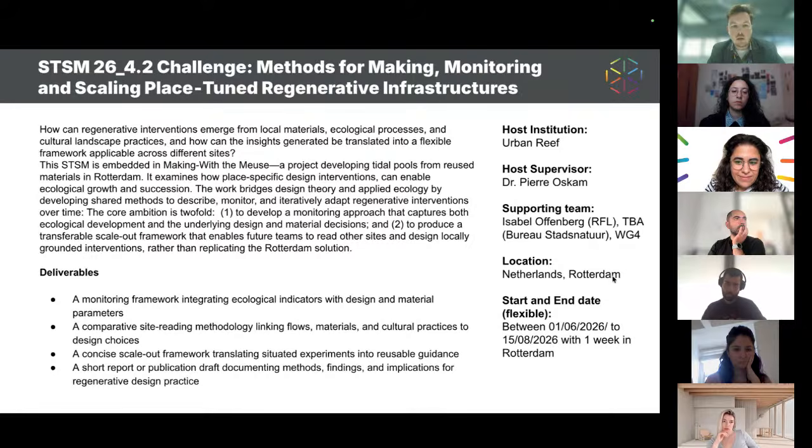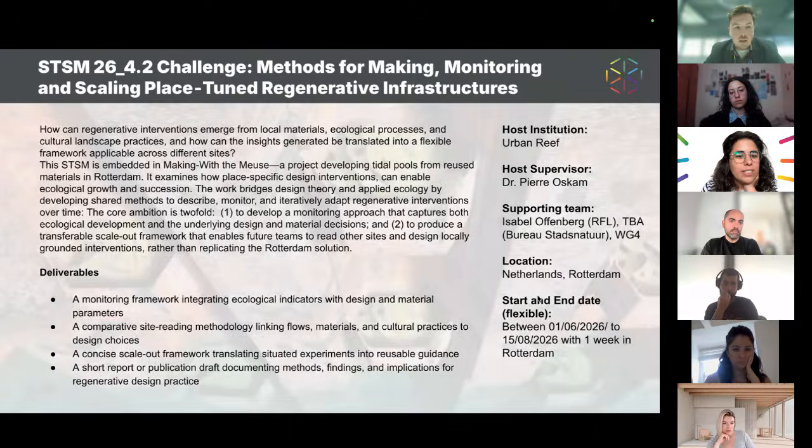Scale this in the sense of making more of them in the same place, but also in different locations, and how the characteristics of this design will be different. So we will be working together on a monitoring method and a scaling out framework. All right, thank you. And you have another one.